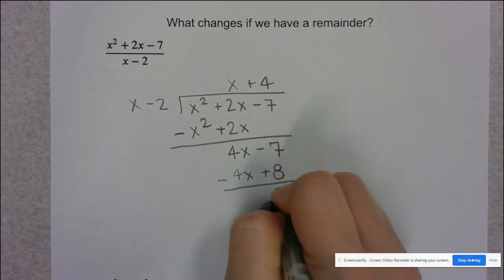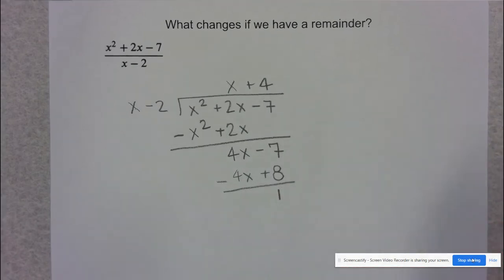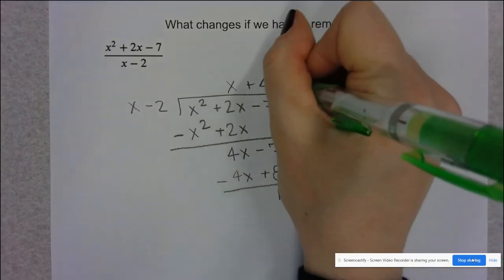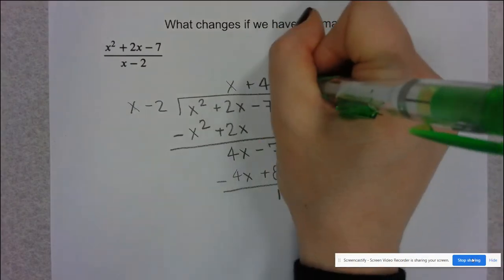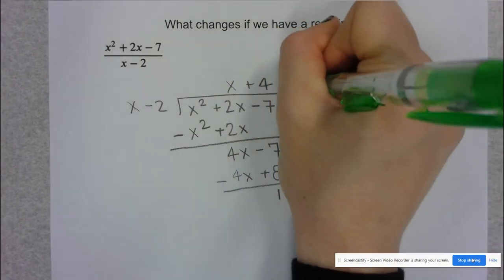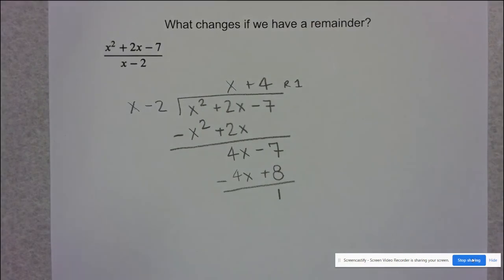So this is going to give me 1. This is a remainder. It's not 0. So technically, now when we were in elementary school, we would write remainder 1. But we're not in elementary school anymore.